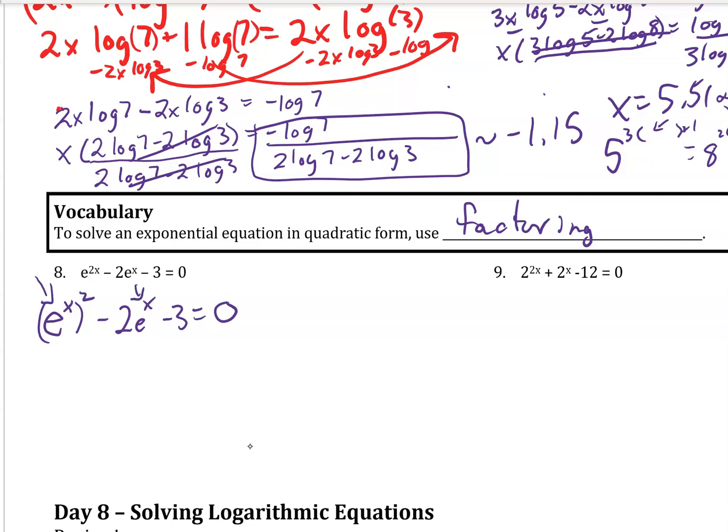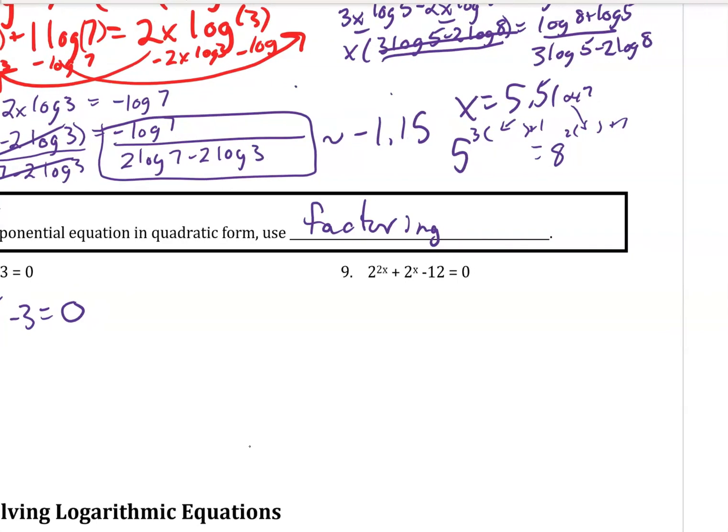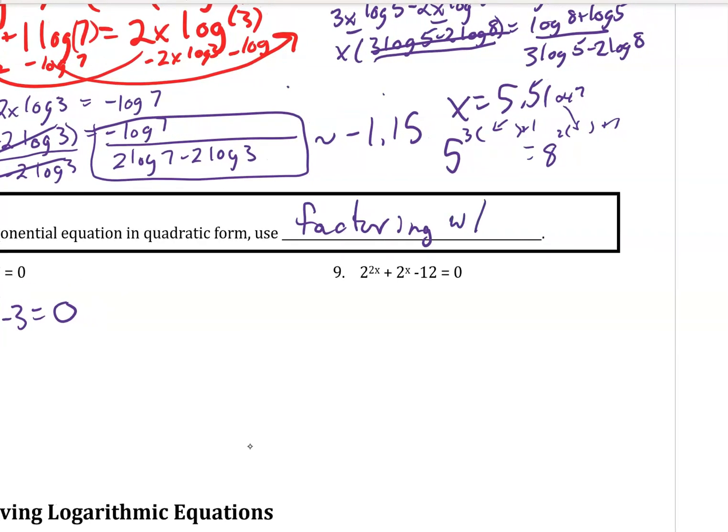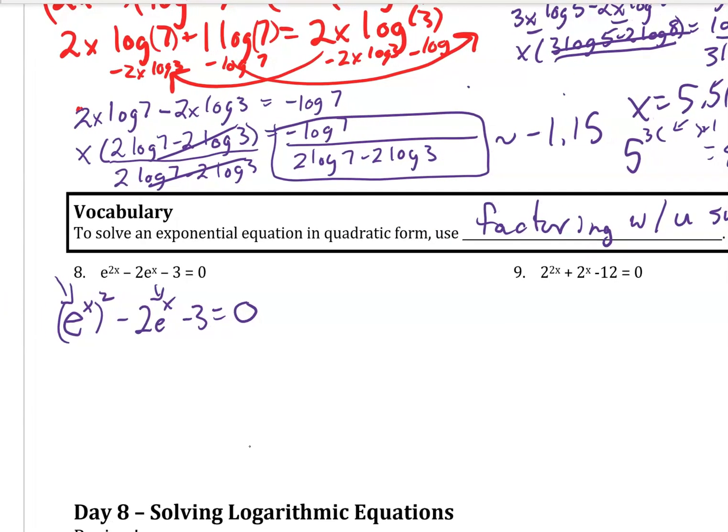So I have x squared minus 2x minus 3. So I'm going to use, if you want to call it factoring, u substitution, where in this case u equals e to the x. So u squared minus 2u minus 3 equals 0.